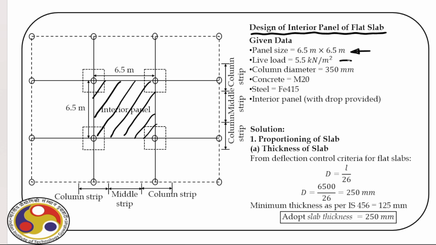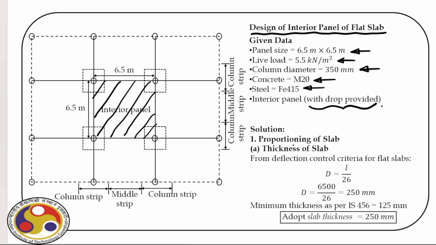Live load is given as 5.5 kilonewton per meter square. It is supported on columns which are circular, so the diameter is 350 millimeter. Concrete we use M20 and steel we use Fe 415. Now with this interior panel we provide a drop.